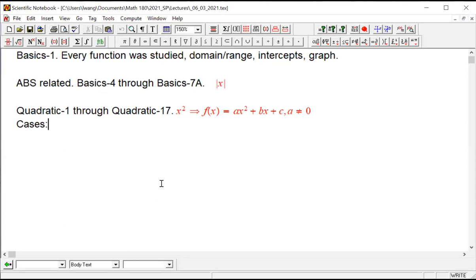All the cases. But how many cases are there after all? There are only 3 cases.